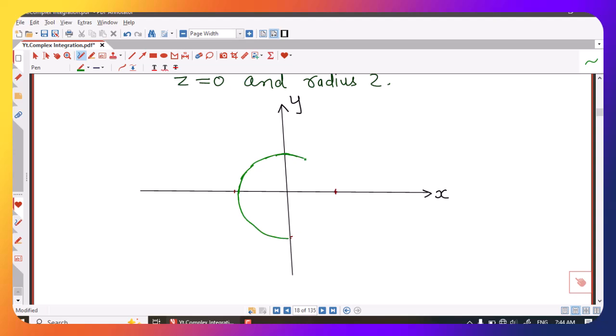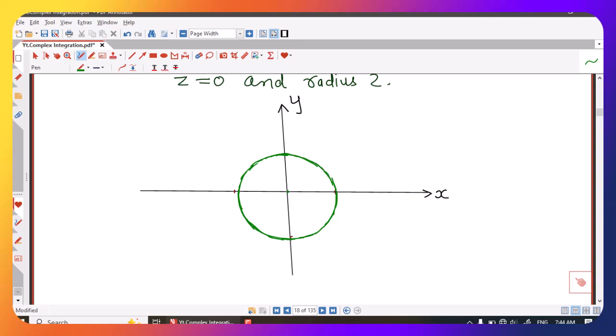If you are comfortable without sketching the given contour, then also fine, you can do your integral without sketching it, but we just want to understand what the contour is along which we are going to integrate.